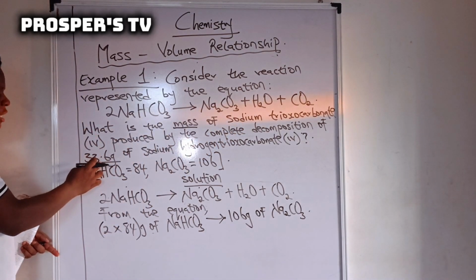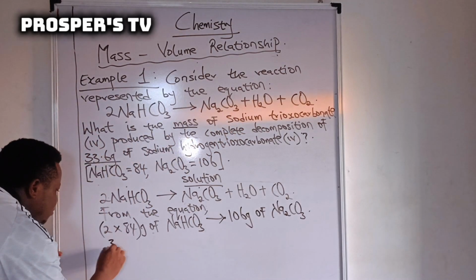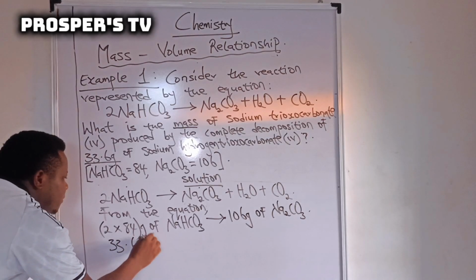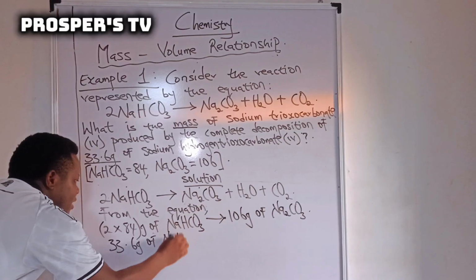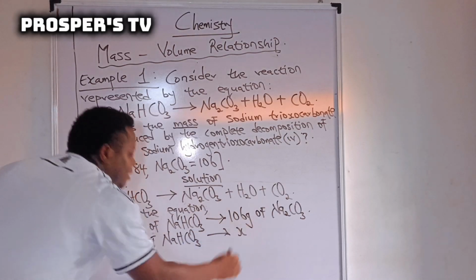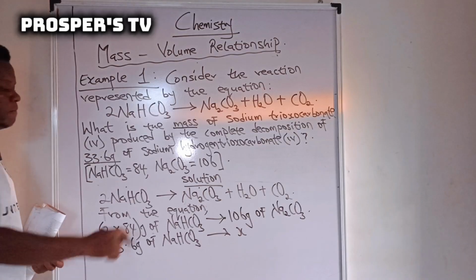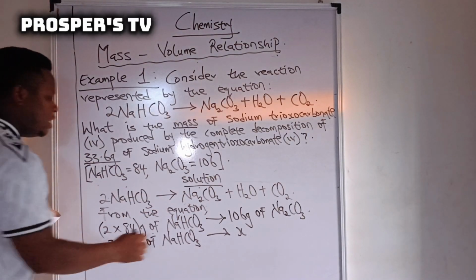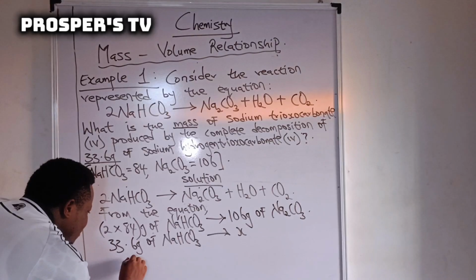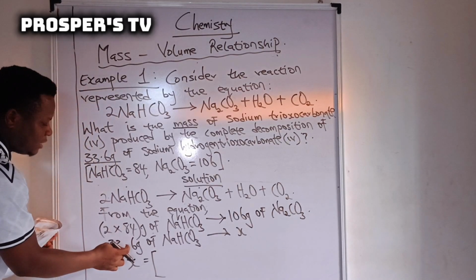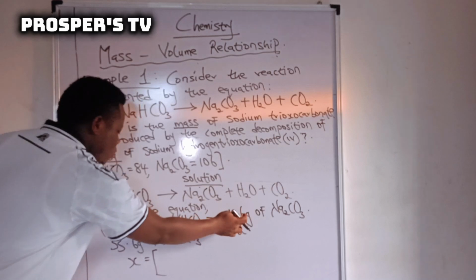So the question is now asking us to calculate the mass of sodium carbonate produced by the complete decomposition of this. So you come down and say 33.6 grams of NaHCO3 would produce X, like I've explained previously. From there, I told you to cross multiply and make X alone. At the end of the day, X would be equal to 33.6 multiplied by 106.